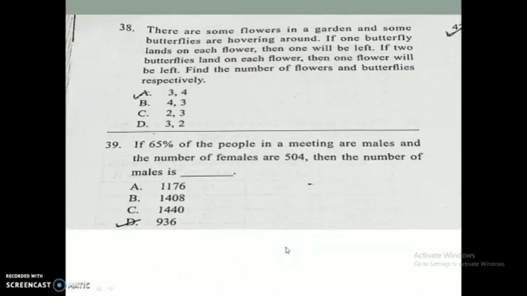Question number 38. There are some butterflies and flowers. Here two statements are given. Let's consider the first option, 3 flowers and 4 butterflies. If one butterfly lands on each flower, then one will be left.